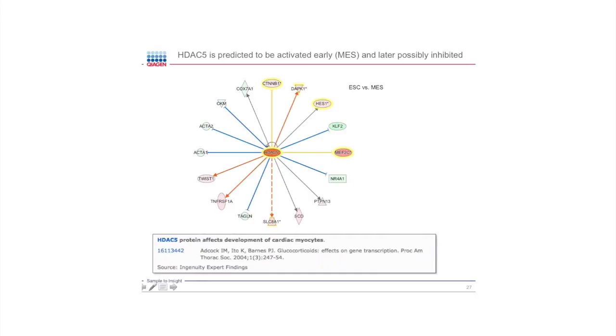Likewise, HDAC5 is supposed to increase the expression of twist1 based on the literature, and it's orange and activated, meaning that yes, twist1 is increasing in expression, as predicted. And then there are conflicts, where catenin beta 1 is supposed to be decreasing in expression, yet it's been turned on in the data set, so that's a conflict, and those are shown in yellow.